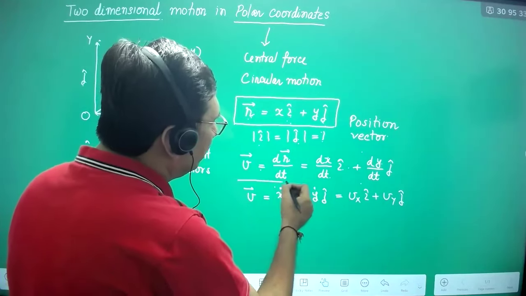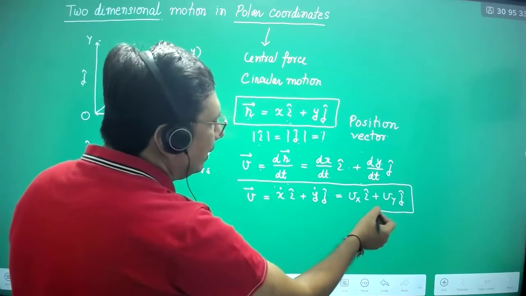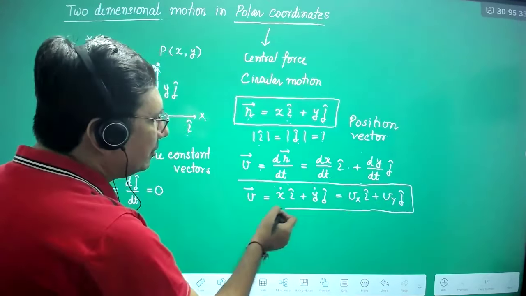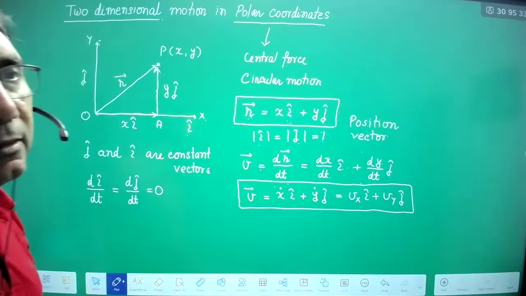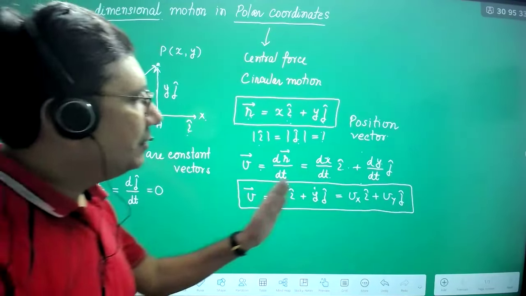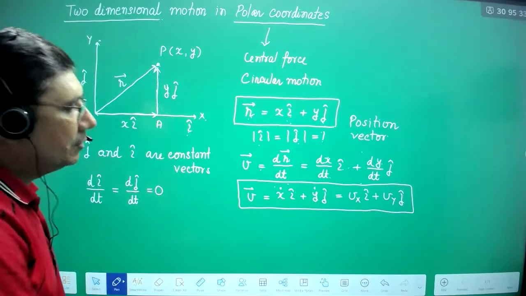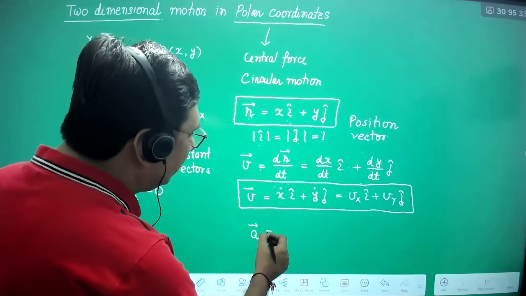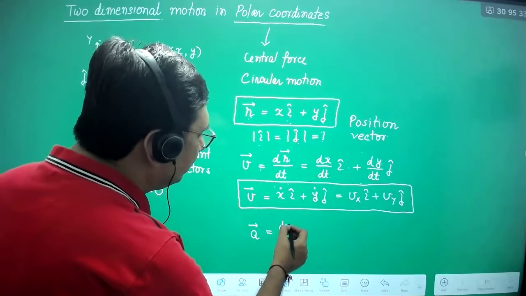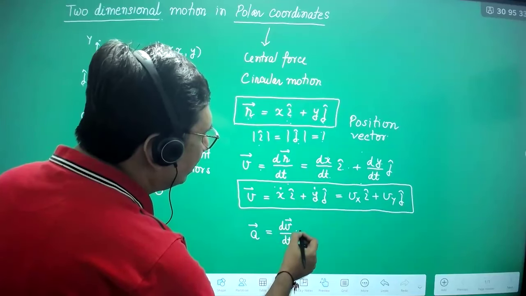So in the xy coordinate system, in this two-dimensional system represented by xy system, the velocity vector is written like this. Now if you differentiate this again with respect to time, you are going to get the acceleration. So acceleration will be dv by dt. So differentiate again.